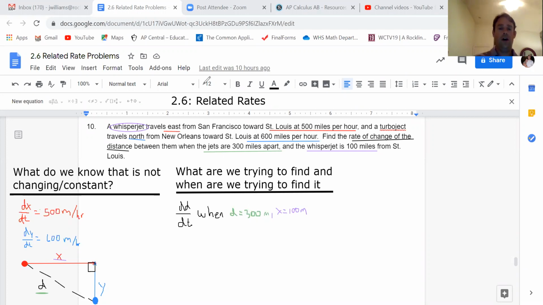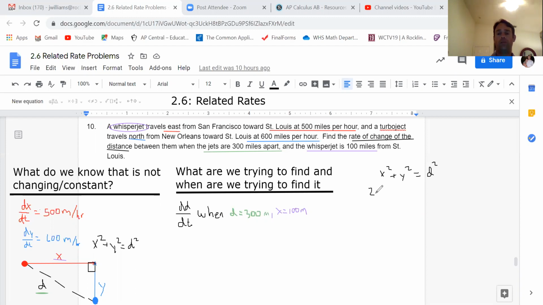Well, friends, I'm hoping at this point in time you're looking at this shape and going, I know exactly what shape that's going to be. I'm dealing with the Pythagorean theorem. So x squared plus y squared equals d squared.